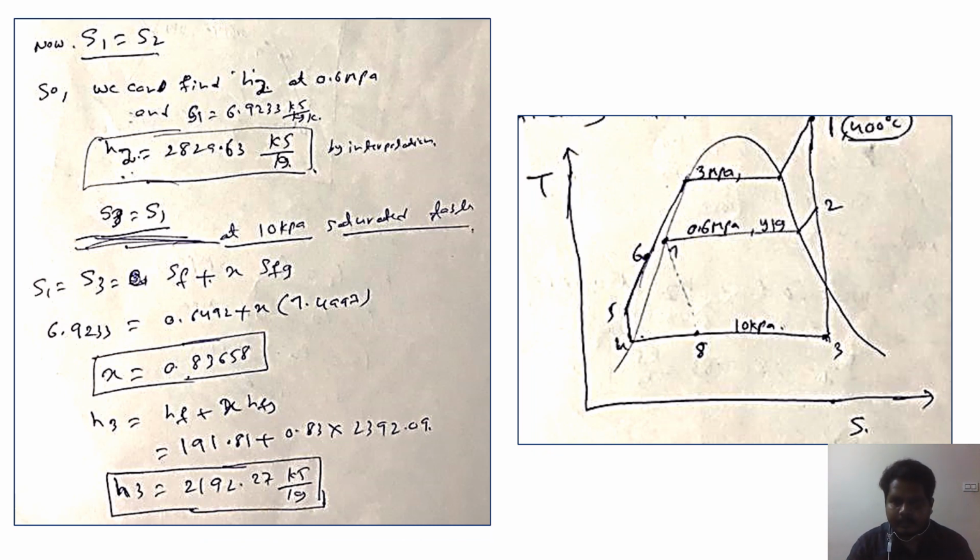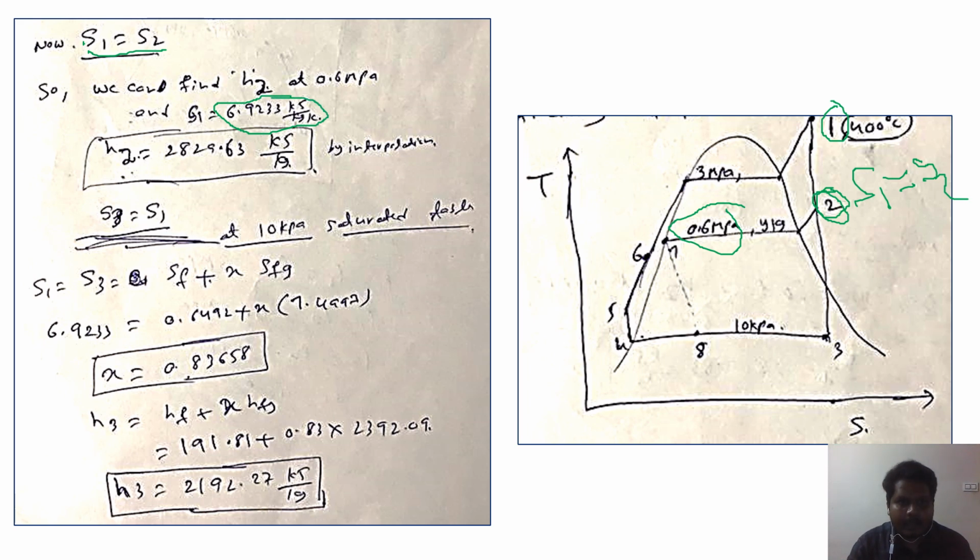We know that process 1 to 2 is the isentropic expansion process. So we can write it as S1 equals S2. So here I have written S1 equals S2. Now we can find the enthalpy at point 2. At point 2 we know the value of the pressure and also we know the entropy because S1 equals S2.